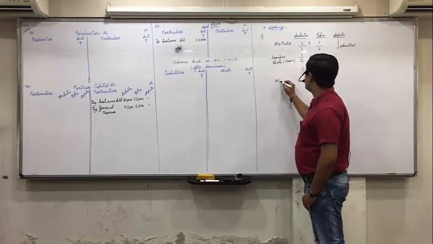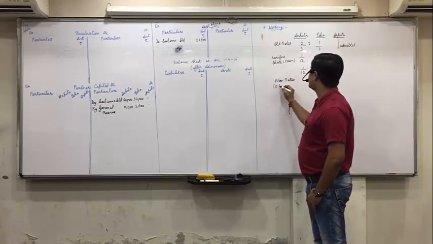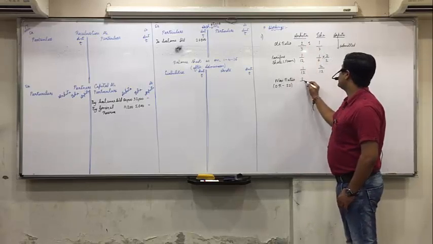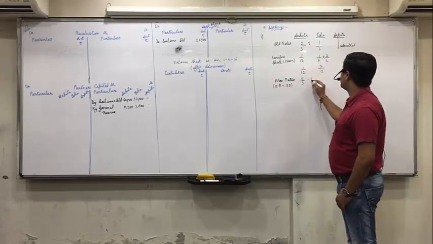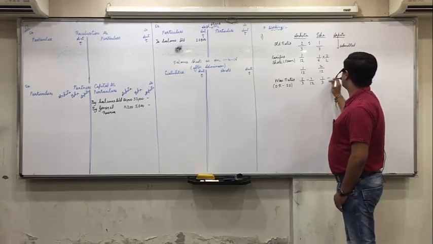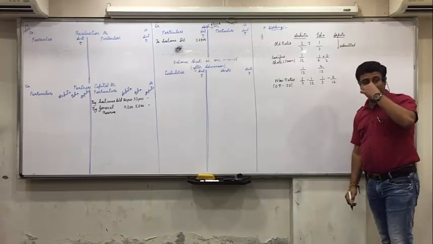Now, new ratio will find as old ratio minus sacrifice share. So old ratio 2 by 3 minus sacrifice share 1 by 12. Here old ratio 1 by 3 minus sacrifice share 2 by 12.